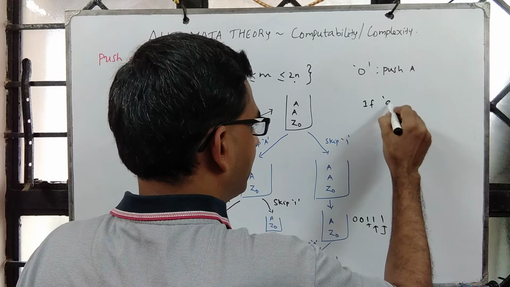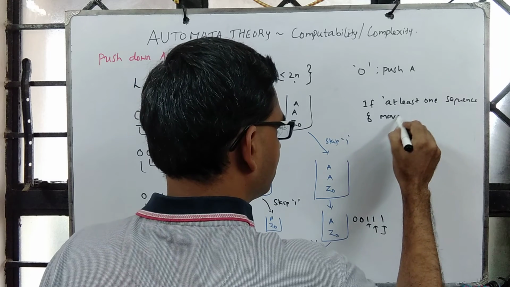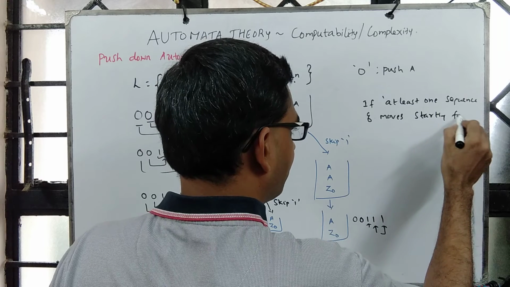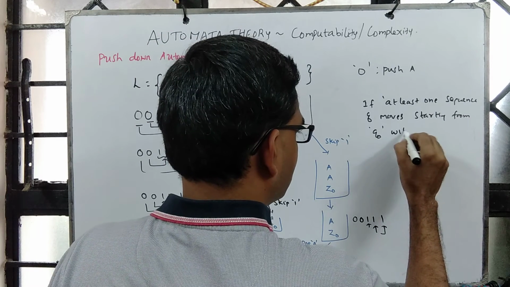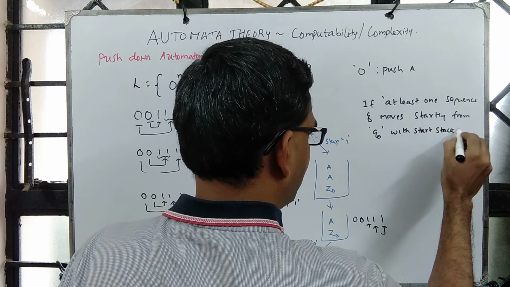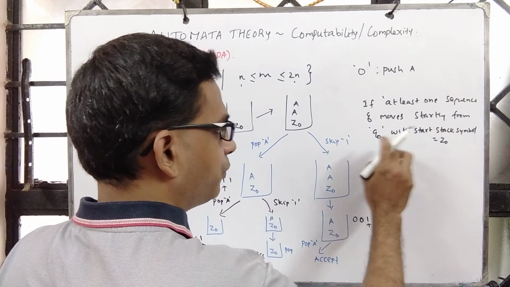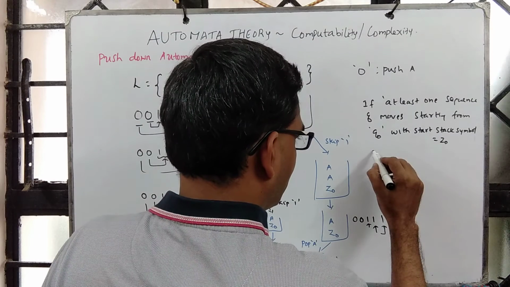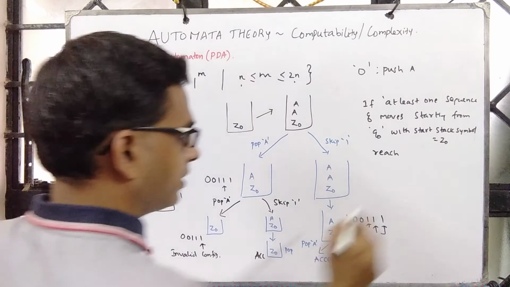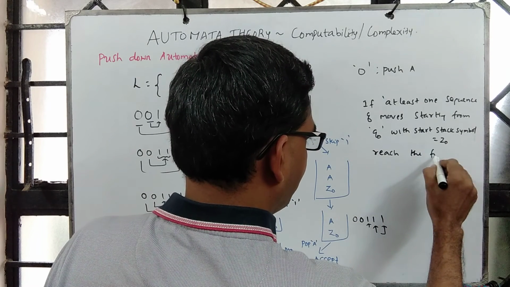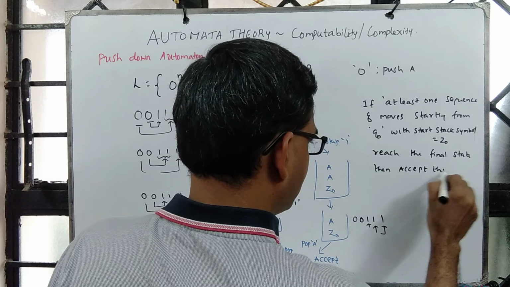If at least one sequence of moves starting from Q0, say Q0 is the start state, with start stack symbol equals Z0, if at least one sequence of moves starting from this reaches the final state, then accept the string.